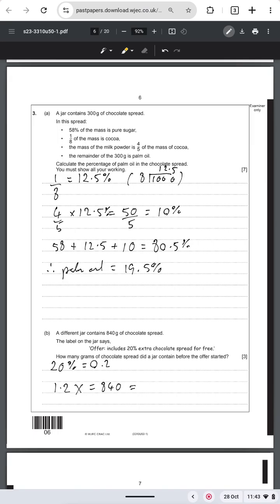So this means we have 840 divided by 1.2. This is just 840 divided by 12 moved along, which is 70, but because we've moved the decimal point, this is the equivalent of 700. So the original jar would have been 700 grams.